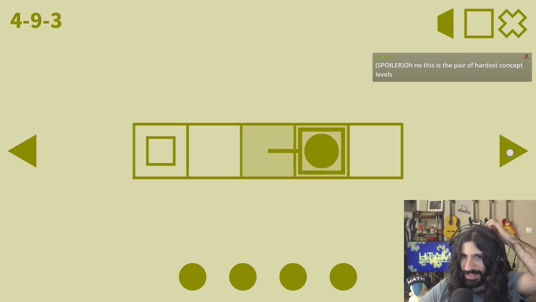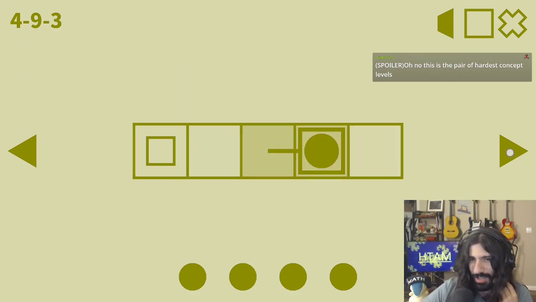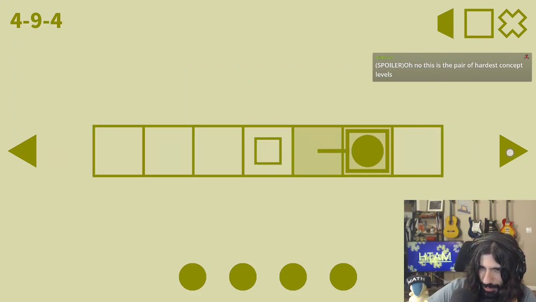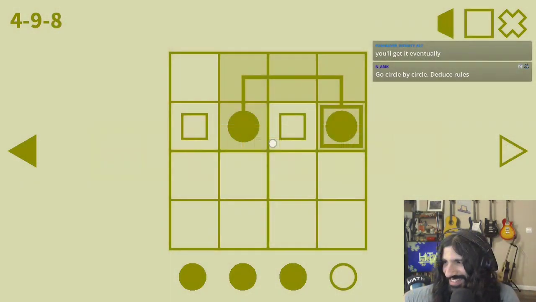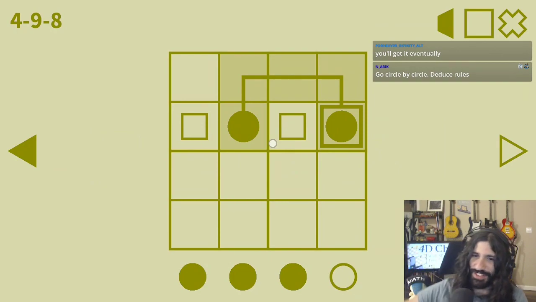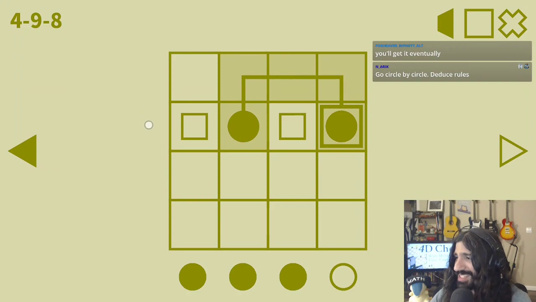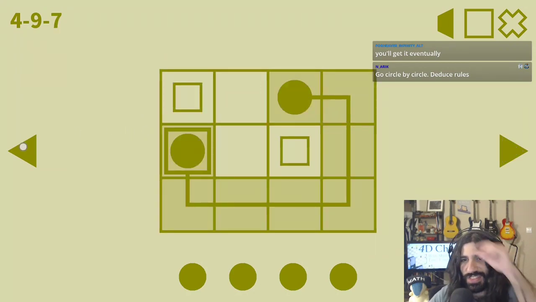Okay, so maybe it's like... No, it immediately gets ruined. The circle by circle, deduce the rules. That sucks for these levels, right?